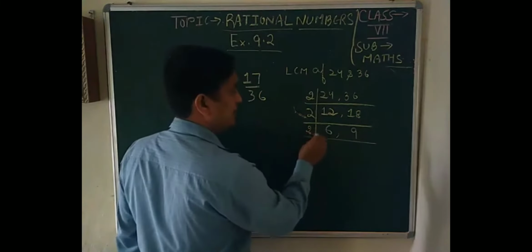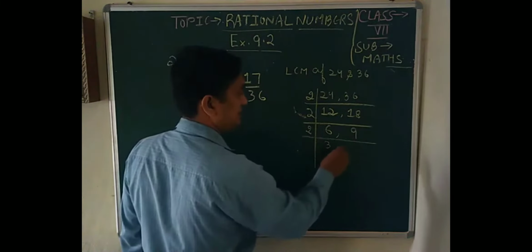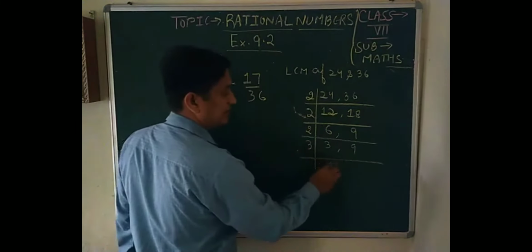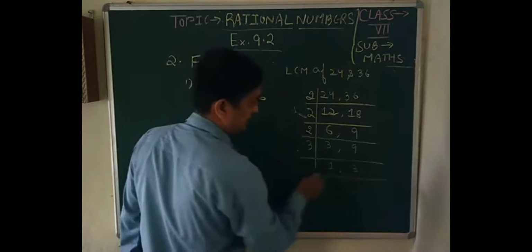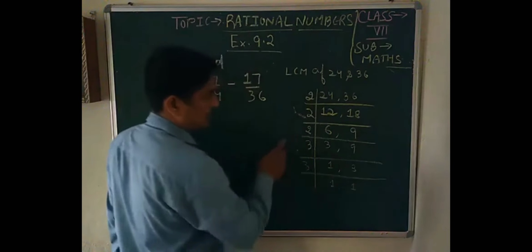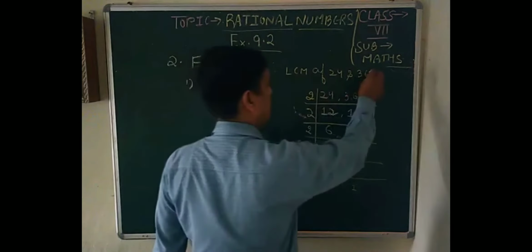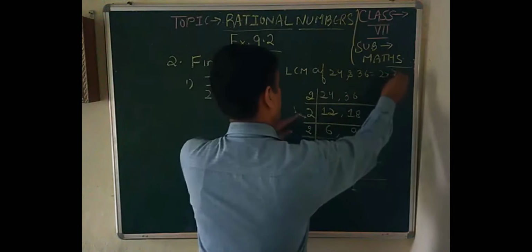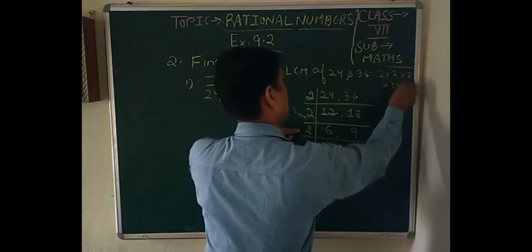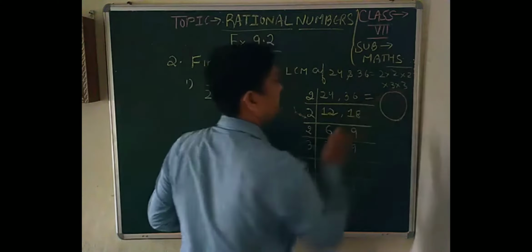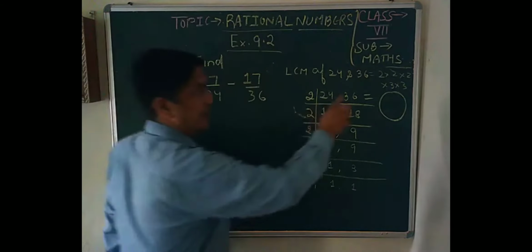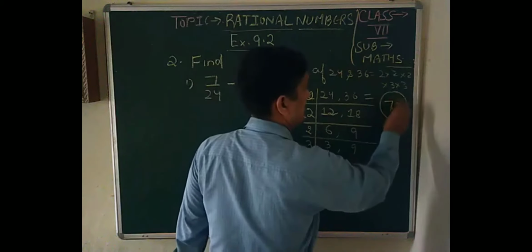Then again by 2, 3 2s are 6, 9 as it is. Then by 3, 1 3s are 3, 3 3s are 9. Then 1 as it is and 1 3s are 3. So the LCM becomes 2 into 2 into 2 into 3 into 3. The LCM is 8, 8 9s are 72.